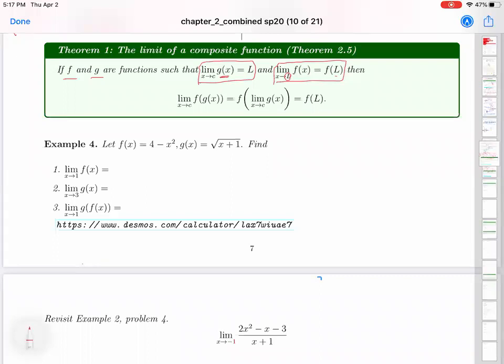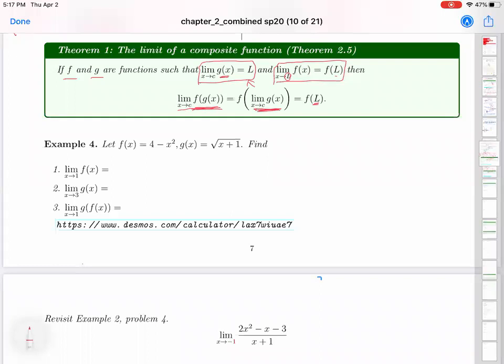Then the limit of the composite function f of g of x equals f of the limit of g of x as x goes to c. Since we know that this limit is L, you just need to plug L into the function f to get the limit of the composite function.